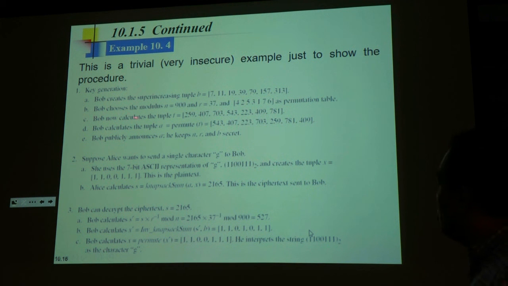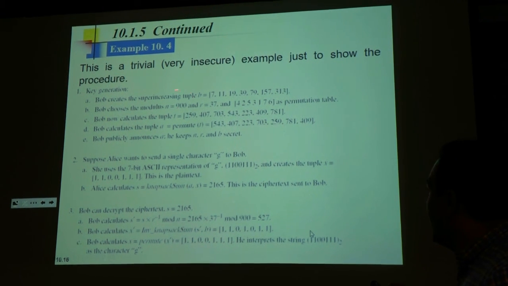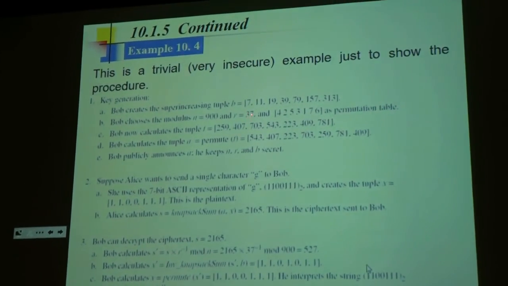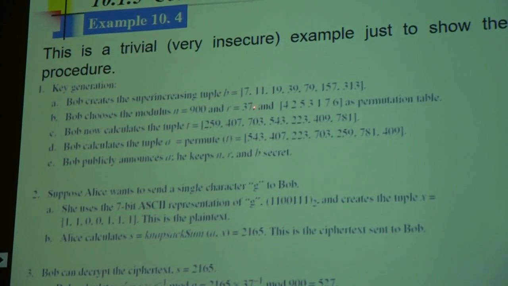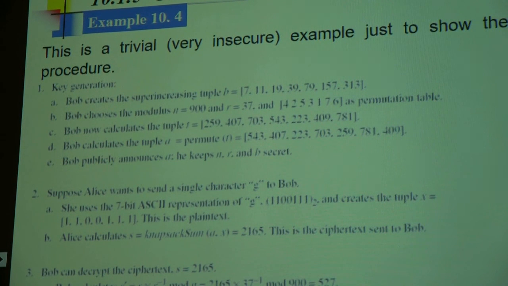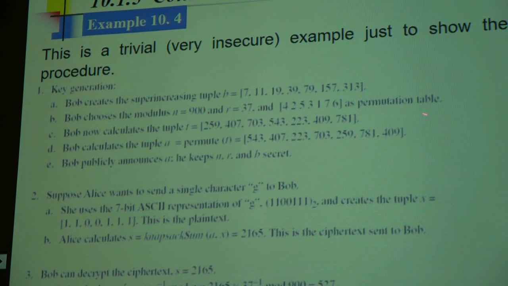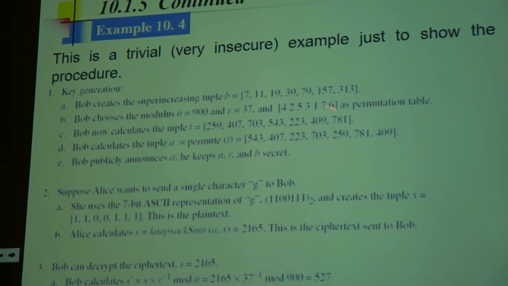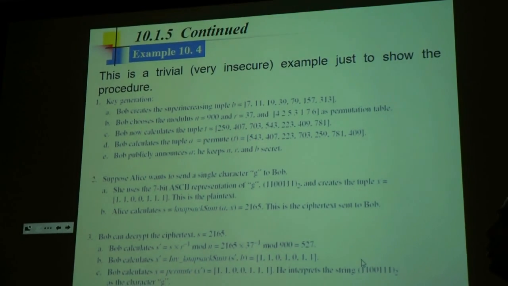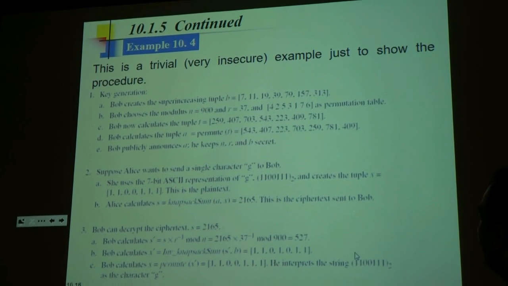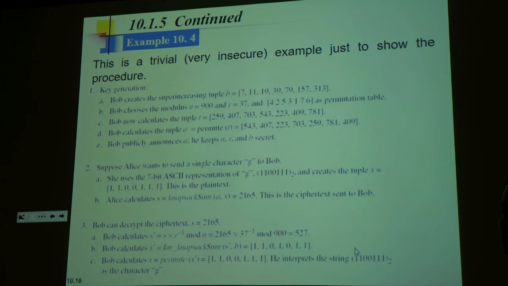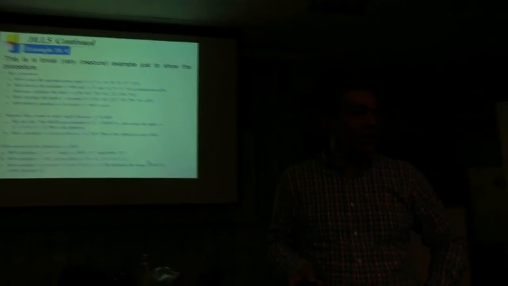Then Bob chooses the modulus N as 900 and R as 37. Then he creates 2, 4, 5, 3, 7, 1 as the permutation table. Choose a permutation. So he first chooses B, then N, then R, then a permutation table. It is a permutation table to switch the locations in the array, right?